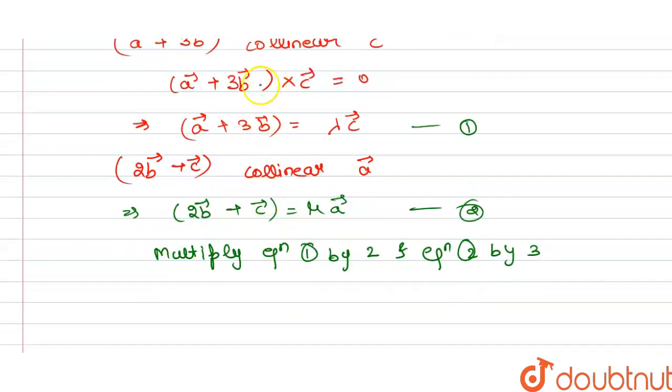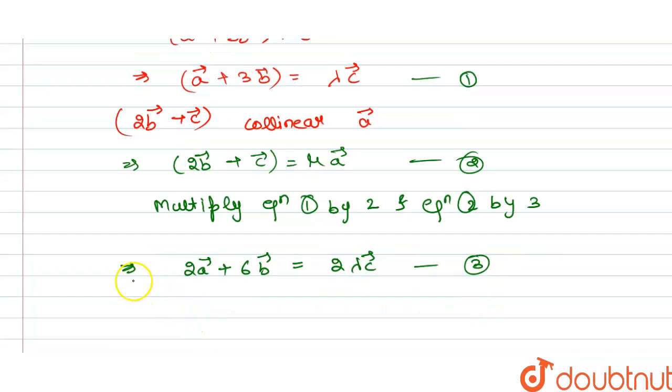And equation 2 becomes 6b plus 3c equals 3 mu a.